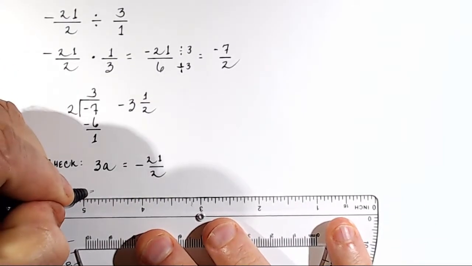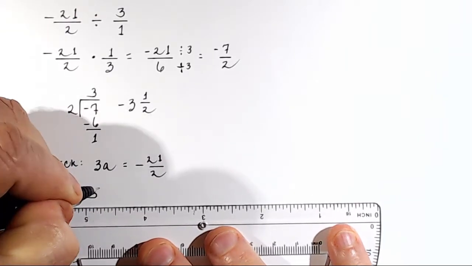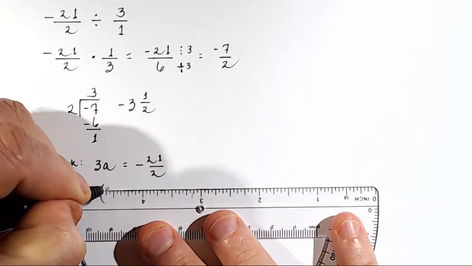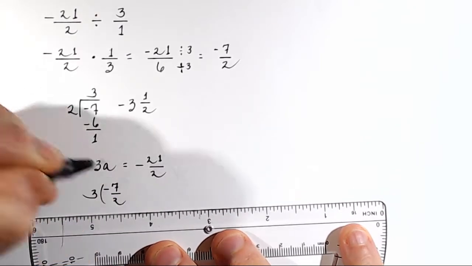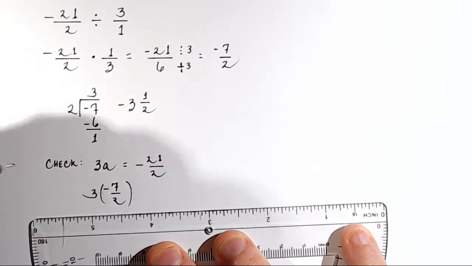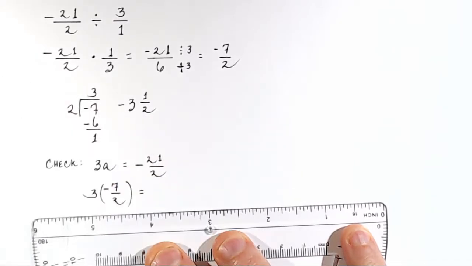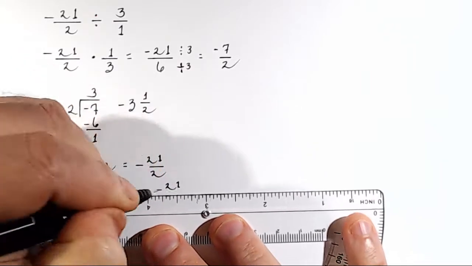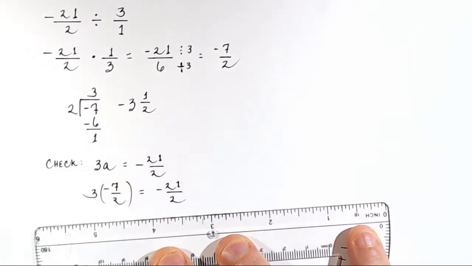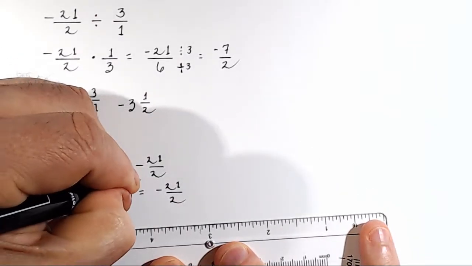And we'll say 3 times negative 7 over 2 equals negative 21 over 2. And we're asking a question.